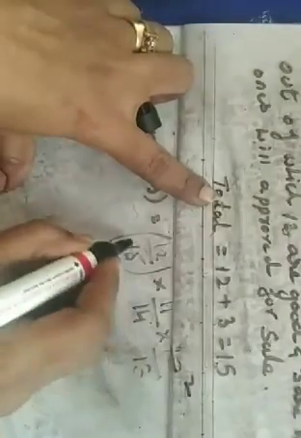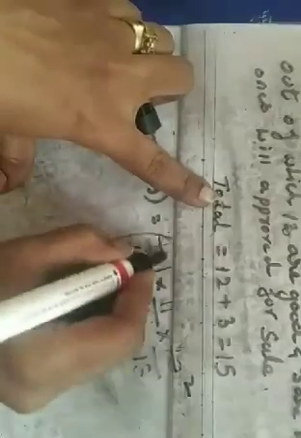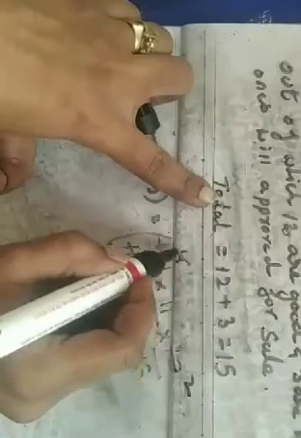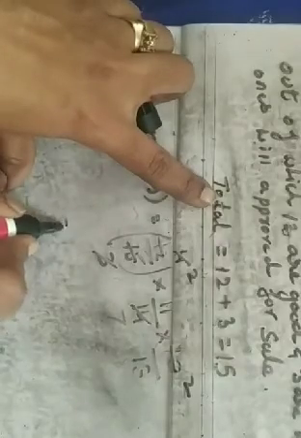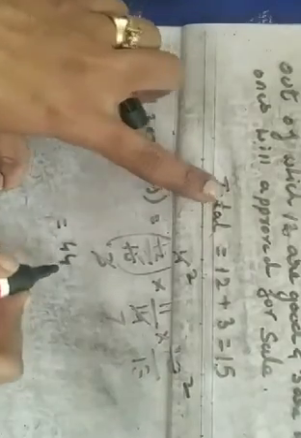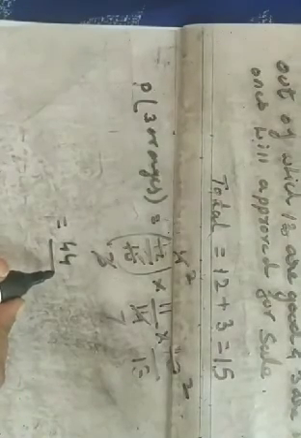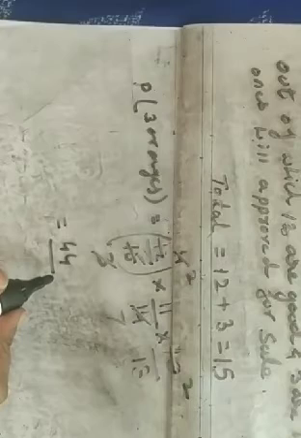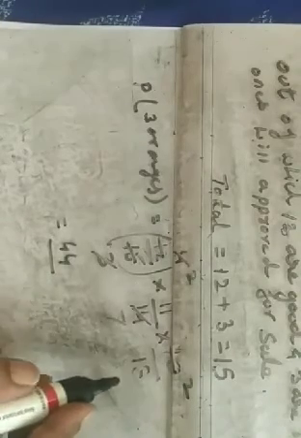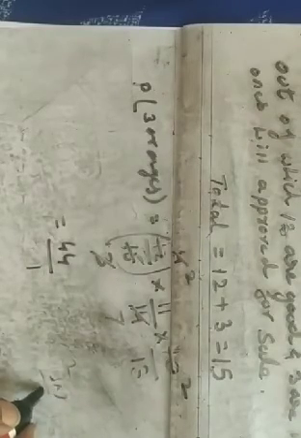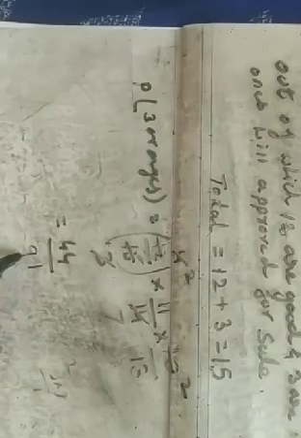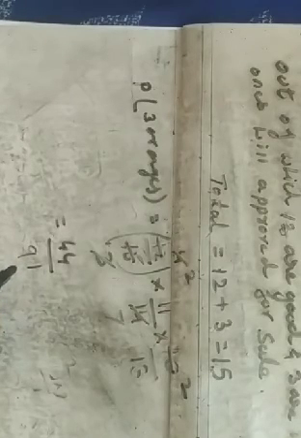5 2s are 10, 5 3s are 15, 3 1s are 3, 3 4s are 12, 2 2s are 4, 2 7s are 14, which is equal to 11 4s are 44 divided by 91. 44 divided by 91 is the required answer.